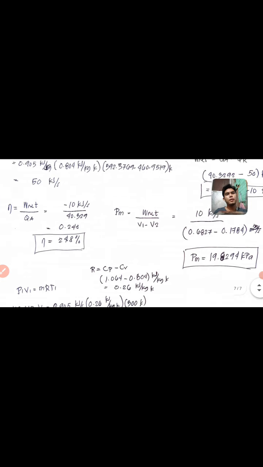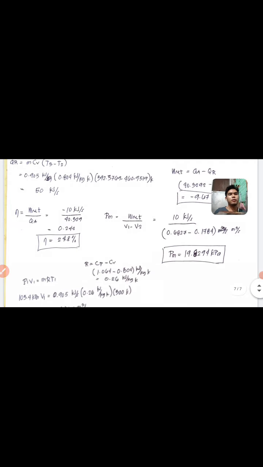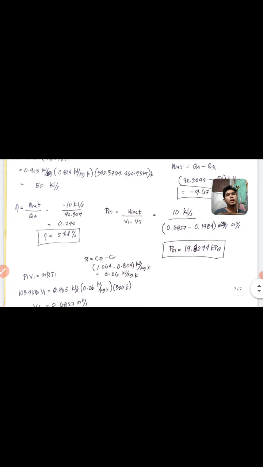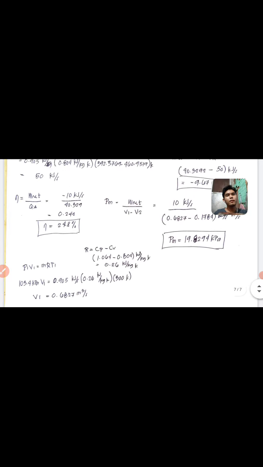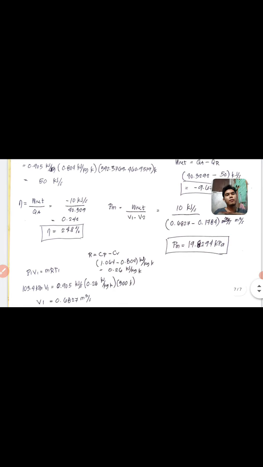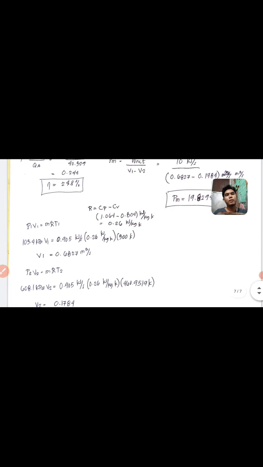Next, let's solve for our pressure mean. The formula is pressure mean equals work net over V1 minus V2. V1 minus V2 is our volume displacement. Since we don't have V1 and V2 given, let's solve for them.